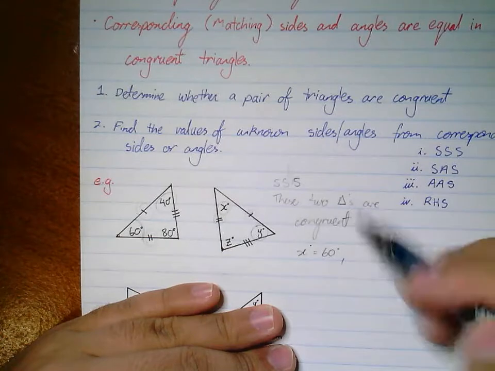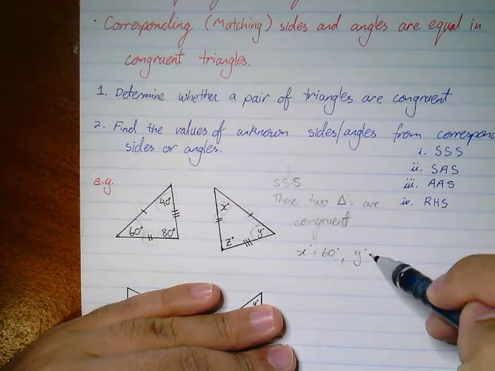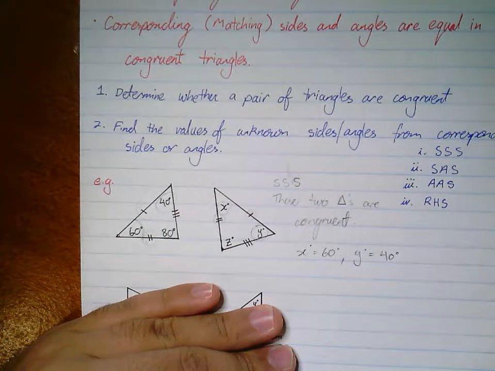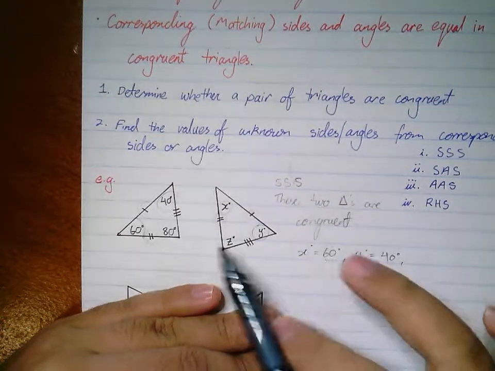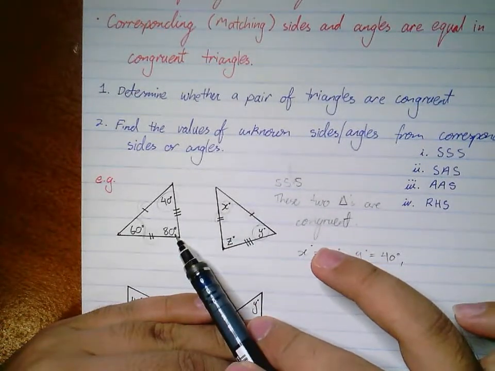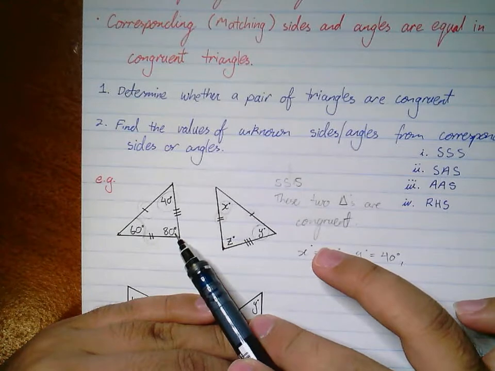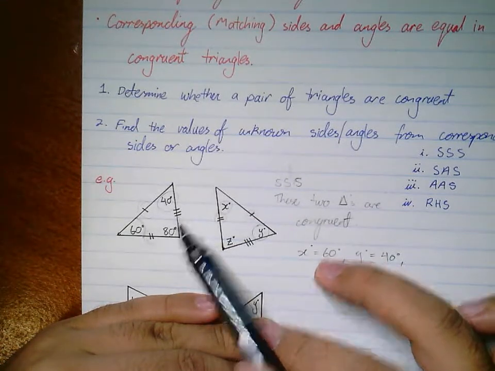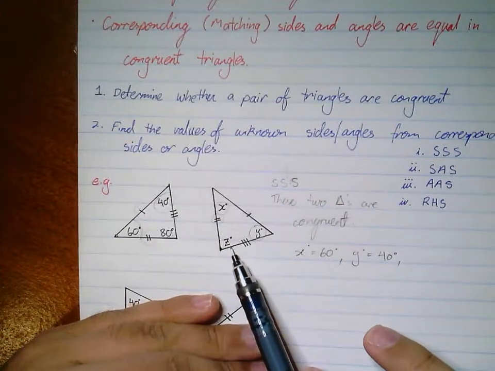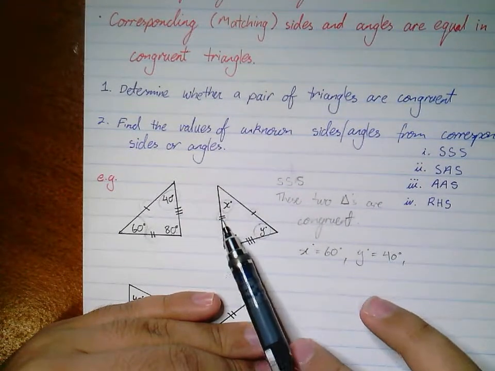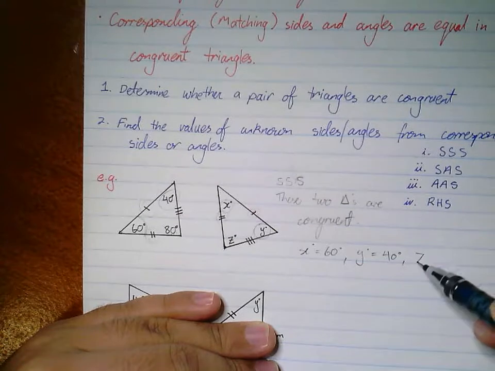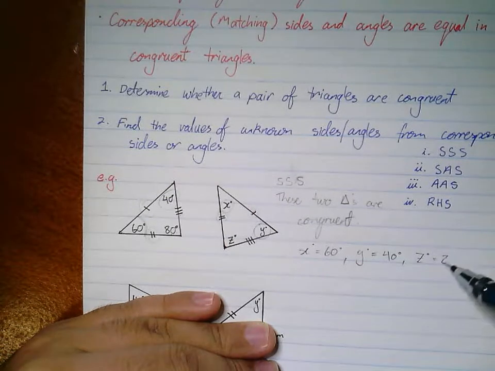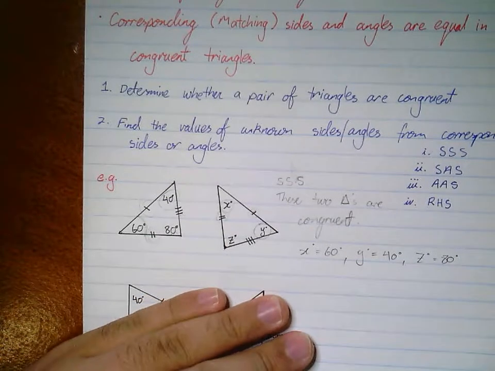So y is also 40 degrees, which leaves us with the last one. 80 degrees is our final one. Just to be sure, 80 degrees is in between the double and the triple, and the z angle is in between the double and the triple. So we can say that z is equal to 80 degrees.